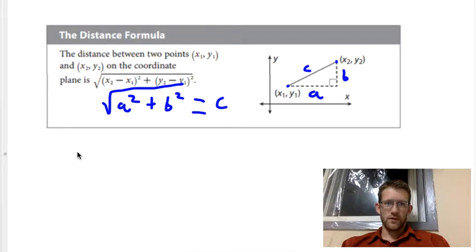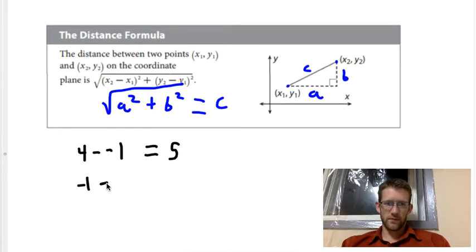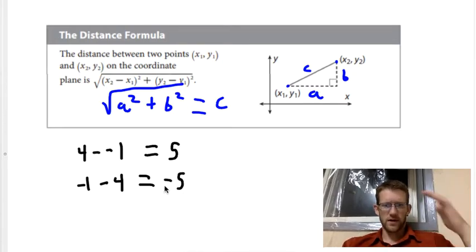If we do 4 minus -1, that equals what? 4 minus -1 is 4 plus 1, or 5, right? And then if we do it the other way around, -1 minus 4, that's going to be a different thing here. -1 minus 4 is -5, right? So you'd think, oh, well, they're different values. But the trick is we're squaring it.